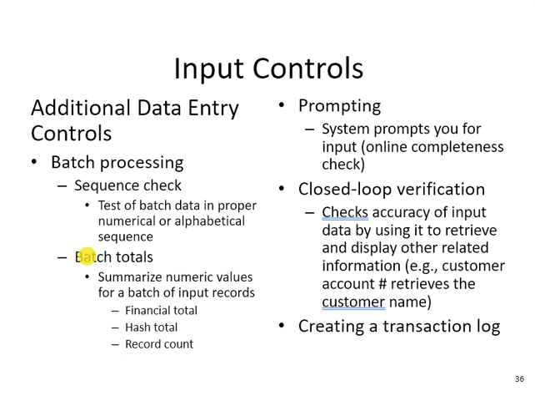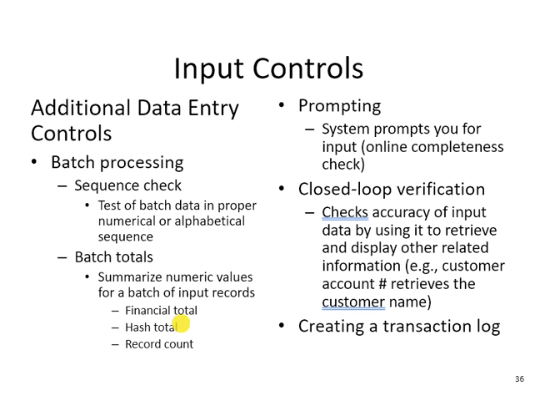Okay, we also have the batch total test. Very commonly used batch total tests are the financial total, which sums a field that contains dollar values, such as the total dollar amount of sales for a batch of sales transactions.